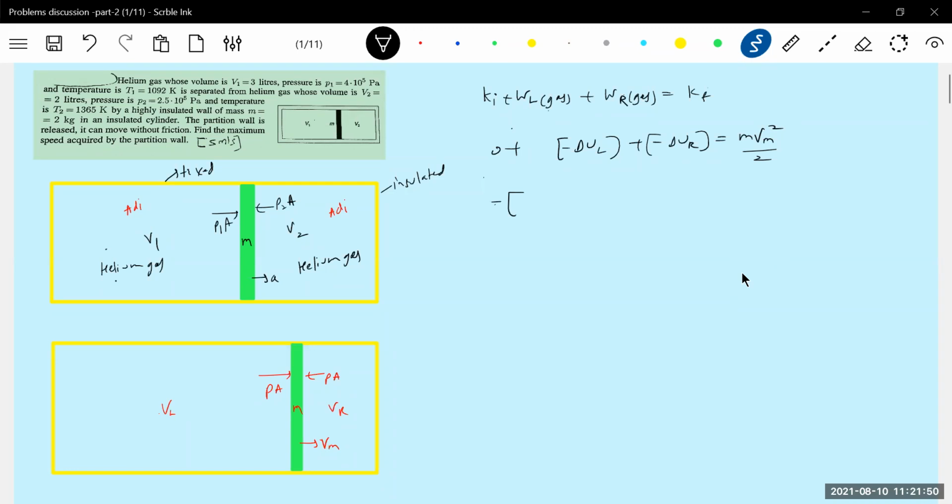Delta U should be U final minus U initial. If you know the formula, you can directly jump to it. I'll bring the negative sign outside. What is U final? That you are going to write in terms of nRT.